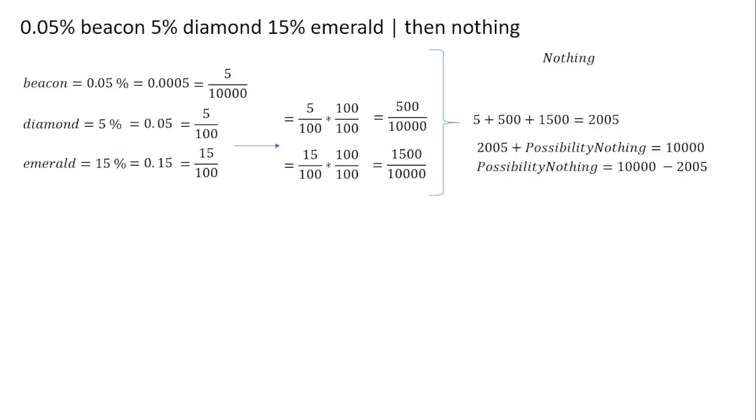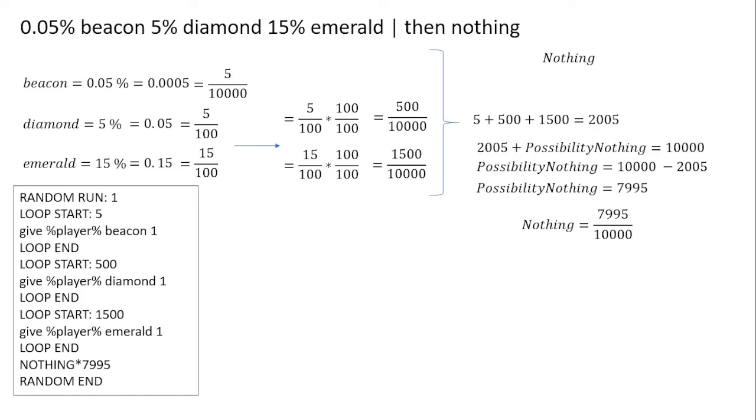If we get this value, we will see that the possibility of nothing is 7,995 over 10,000. So we have every value. Beacon is 5, diamond is 500, emerald is 1,500, and nothing is 7,995.